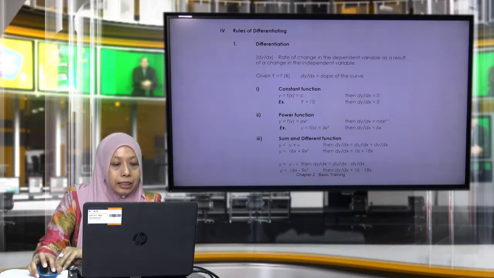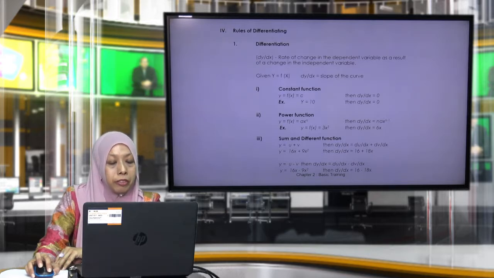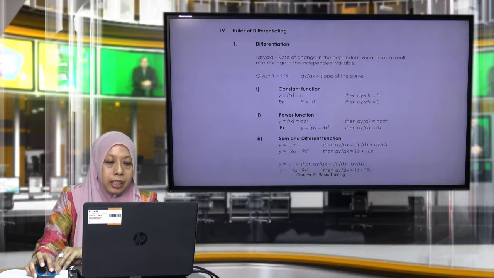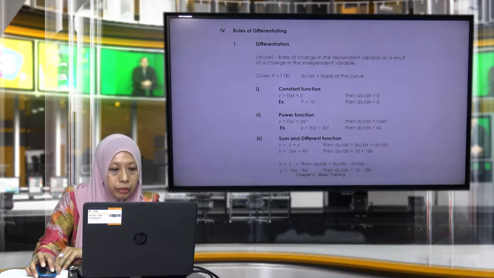Okay, and the last thing that you need to know is how to differentiate a function that involves sum and difference. If your function comprises sub-functions, for example, y equals u plus v, then to differentiate it, you need to differentiate each one of the sub-functions.